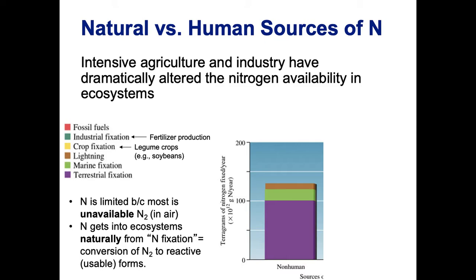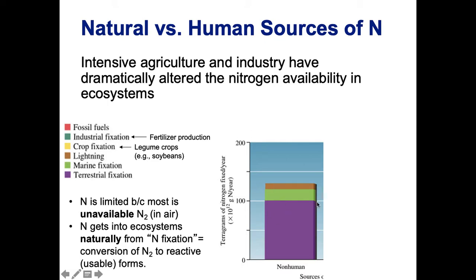This is the reason we rotate crops between soybeans and corn, because soybean has a special relationship with a microorganism that can fix nitrogen and make it more available. And so then there's more nitrogen in the soil, and then we rotate and put corn in that will use the nitrogen from the soybeans. So terrestrial fixation is just natural plants in ecosystems that have this relationship with microorganisms that can make nitrogen available.